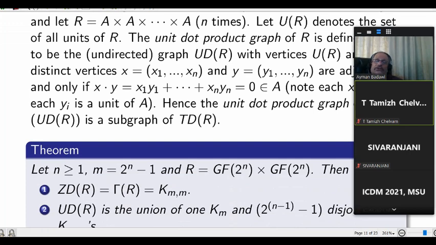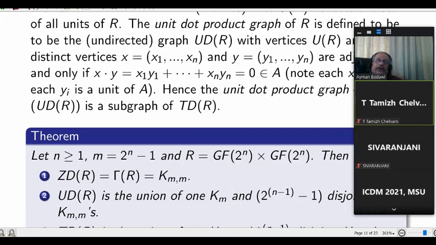My student studied that for finite fields. If you start with m to be 2 to the n minus 1, and your ring is a product of two finite fields with 2 to the n elements, then the zero dot product will be the same as the classical zero divisor graph, which is K_{m,m}, for a product of two finite fields of characteristic 2.